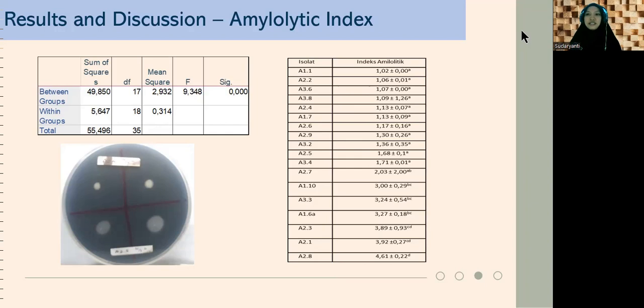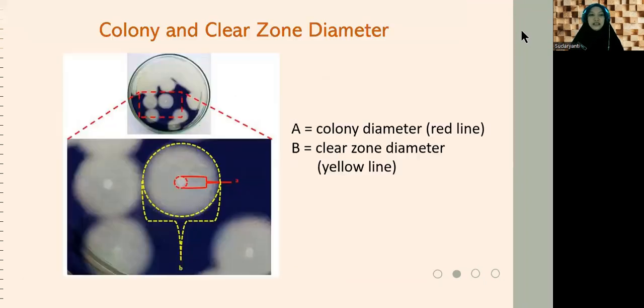So of our several steps, we know that the highest level is actually the isolate that has the code A2.8. Okay, and here is the image of the colony and clear zone diameter.